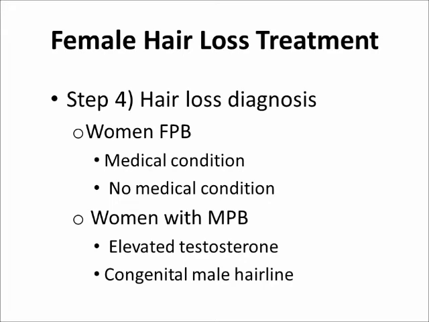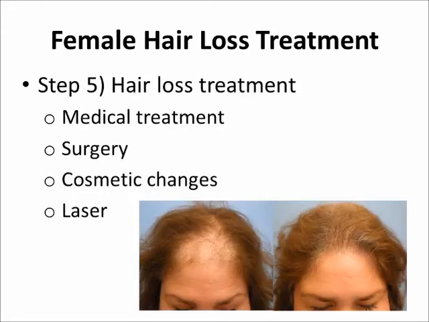Treatment for female pattern hair loss is the last step in the approach to female hair loss. Medical treatments, obviously, we have several. The most important one for women is Rogaine, that is over the counter. Everybody can obtain and start using it. I do recommend that you see a hair restoration doctor to tell you whether or not you need Rogaine. Many people, despite having hair loss, may not need Rogaine, or Rogaine may not even be helpful.